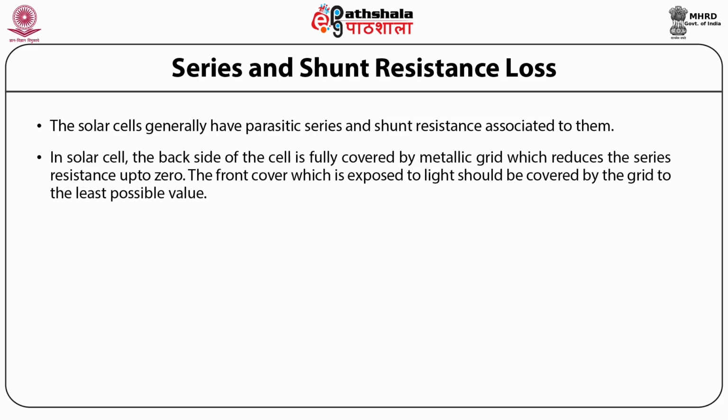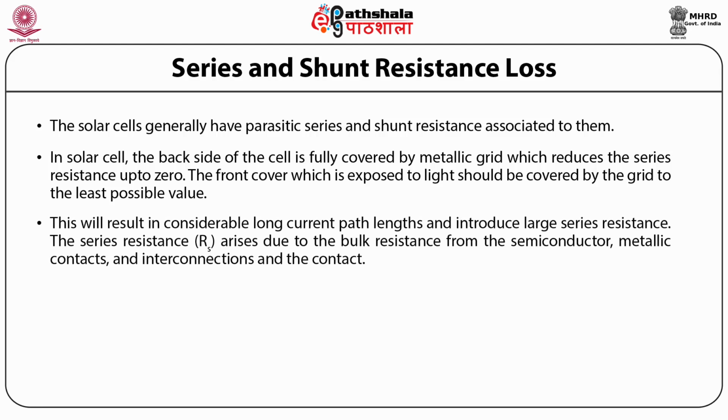In a solar cell, the back side of the cell is fully covered by a metallic grid, which reduces the series resistance to 0. However, the front cover, which is exposed to the light, should be covered by the grid to the least possible value. This will result in considerably long current path lengths and introduces large series resistance.